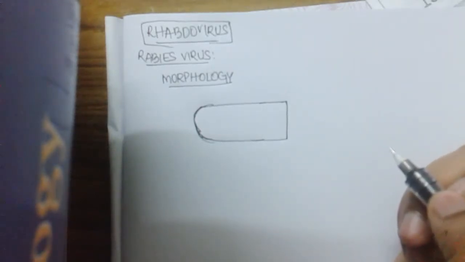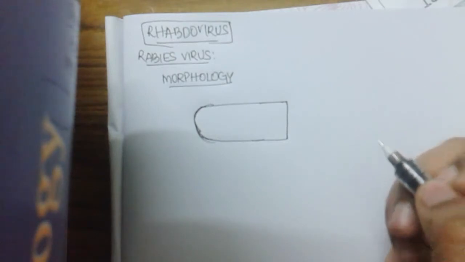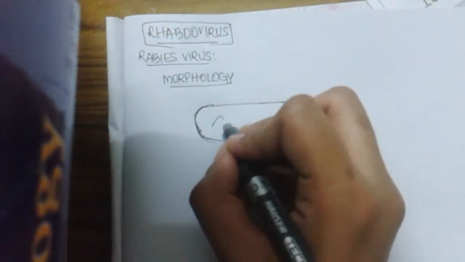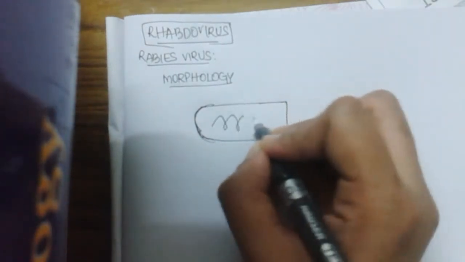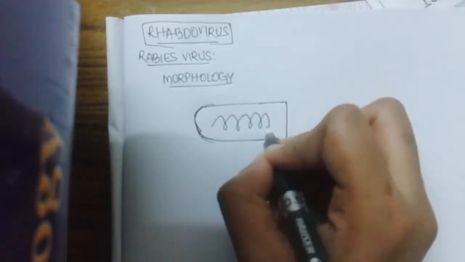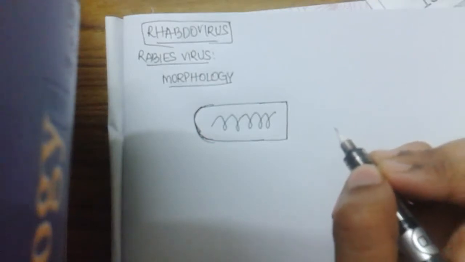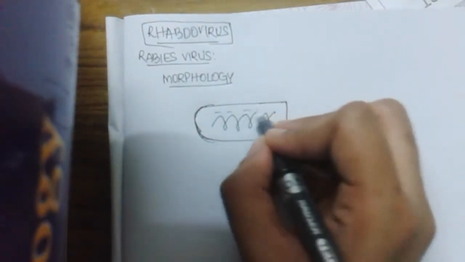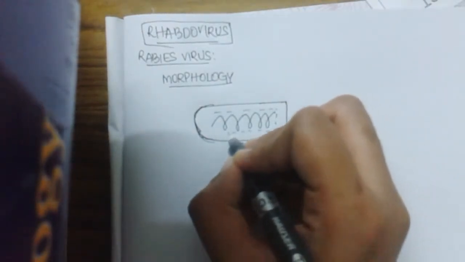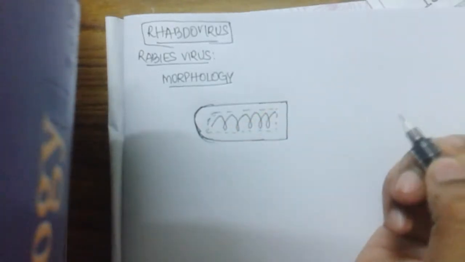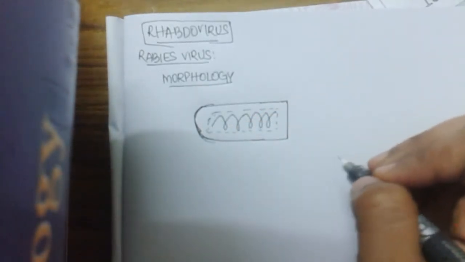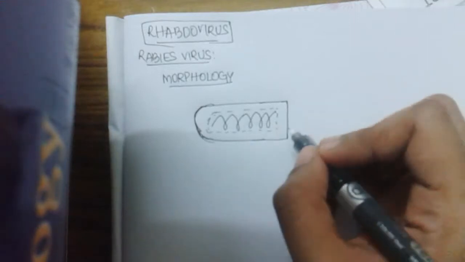It has an RNA genome which is single stranded and negative RNA genome. This RNA genome is covered by a matrix protein layer, right? And above this matrix protein layer there is a lipoprotein envelope.